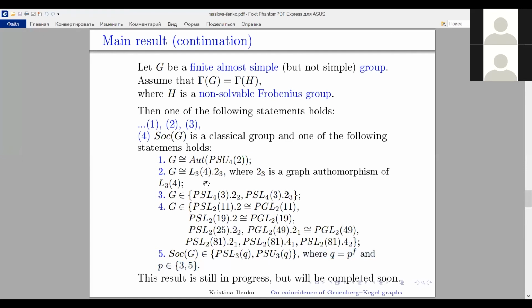Note that this notation is standard, taken from the Atlas of Finite Groups. And our research is still in progress, but will be completed soon.